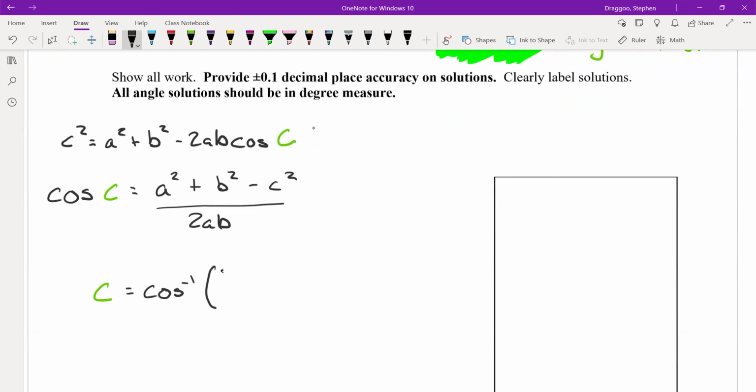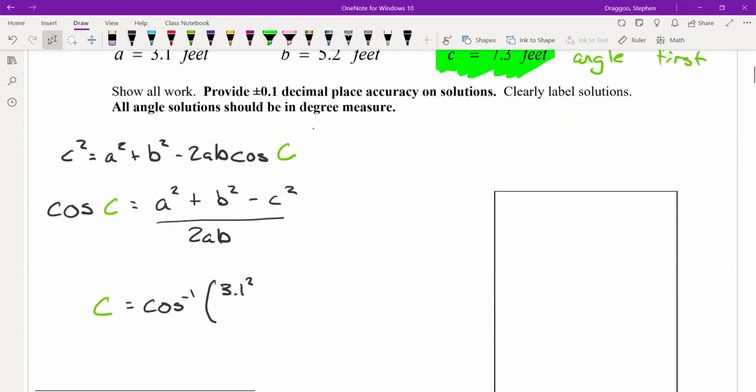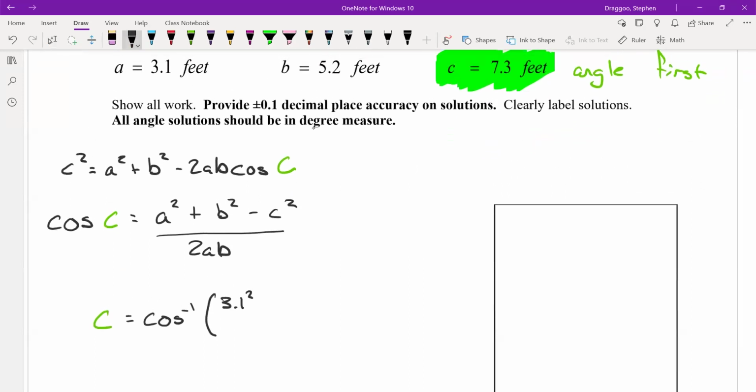Start plugging some stuff in. This will be 3.1 squared plus 5.2 squared minus 7.3 squared. Make sure that the c squared ends up negative in that numerator. The other two are positive, but c squared we had to subtract over to the other side.